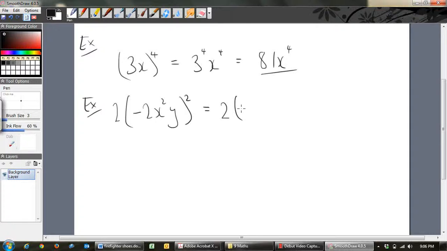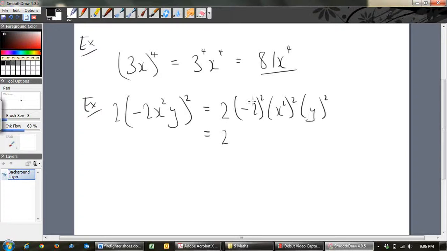So that's negative 2 squared, because we square each part of what's inside. In this case, there are 3 bits that we're squaring. So negative 2 squared, then x squared squared, and then y squared. We're going to square each individual part here.